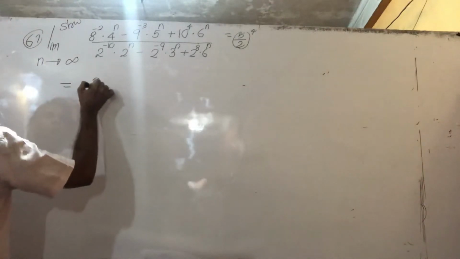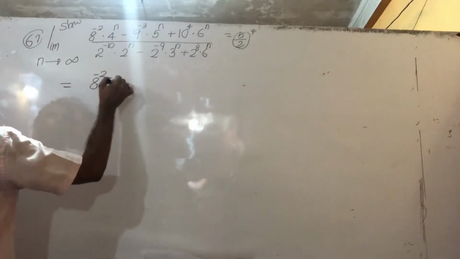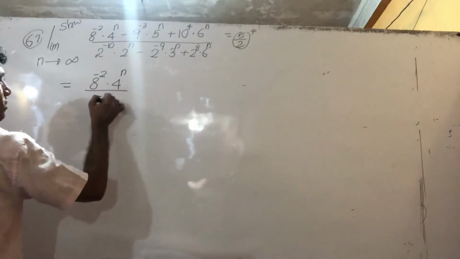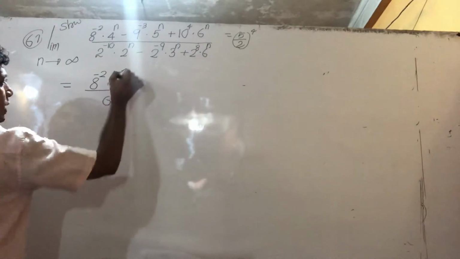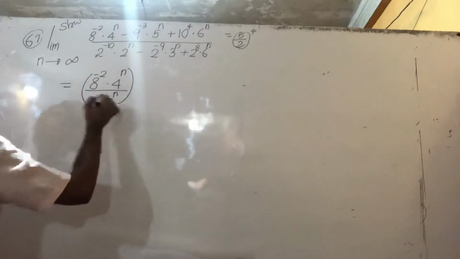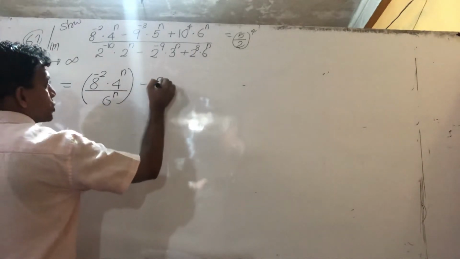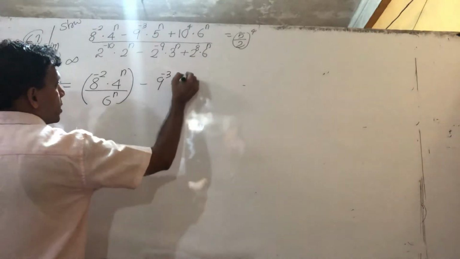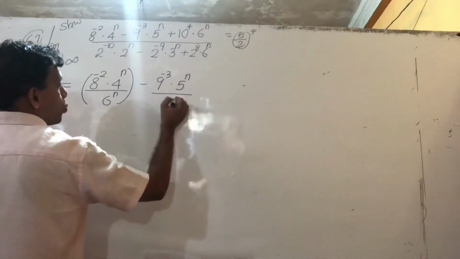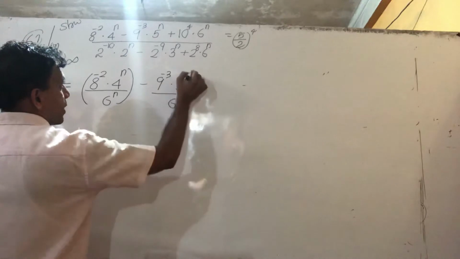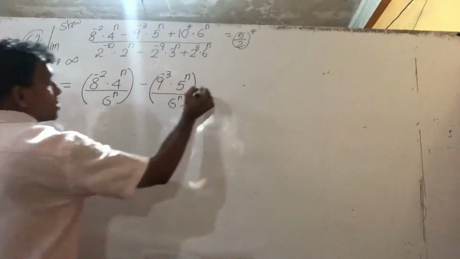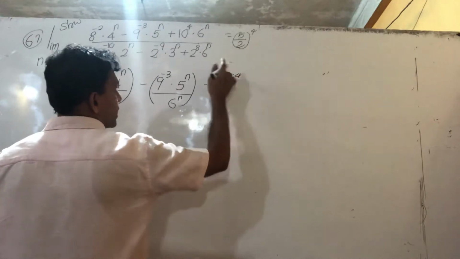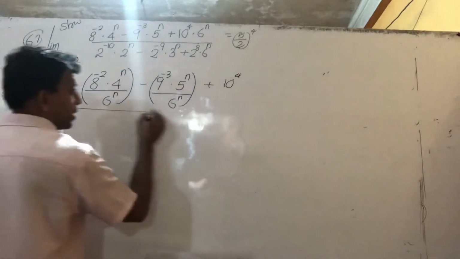So 8 to the power minus 2, 4 to the power n, divided by 6 to the power n, minus 9 to the power minus 3, 5 to the power n, over 6 to the power n, right? Plus 10 to the power 4, the 6 cancels when you divide up and down.